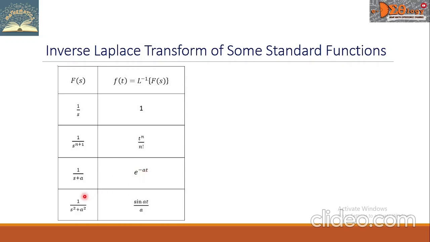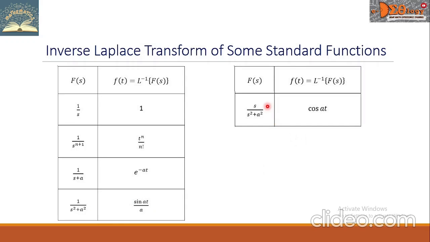Then the function 1 over s squared plus a squared. Laplace inverse is sine at all over a. Then the function s over s squared plus a squared. Laplace inverse is cosine at.